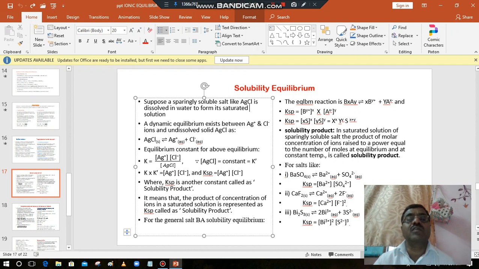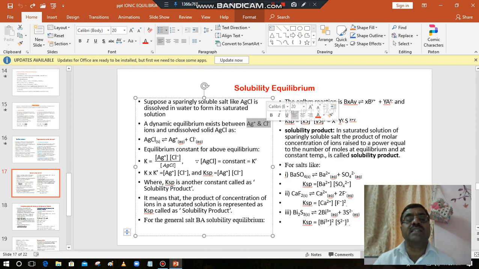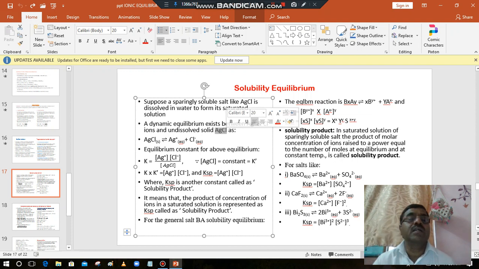Suppose a sparingly soluble salt like AgCl is dissolved in water to form its saturated solution. What will happen? A dynamic equilibrium exists between the ions Ag+ and Cl- and undissolved solid AgCl. The equilibrium reaction we can write like this.